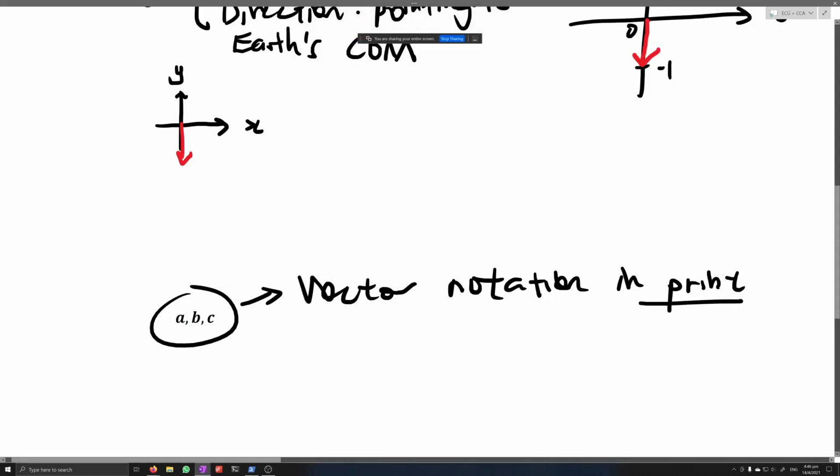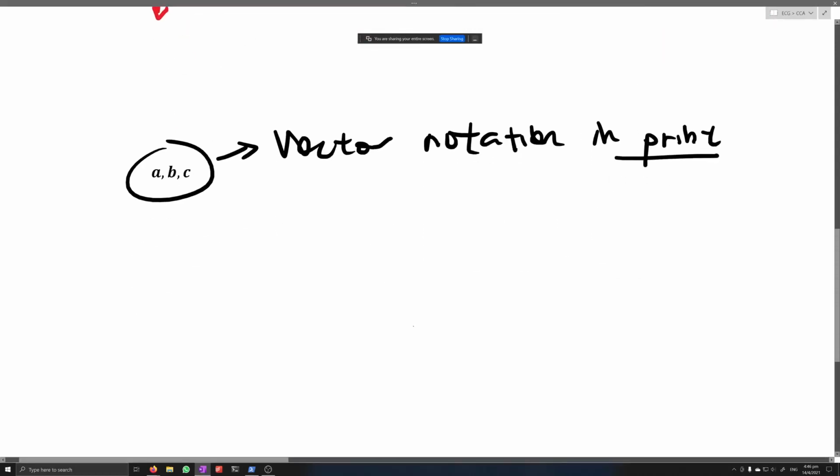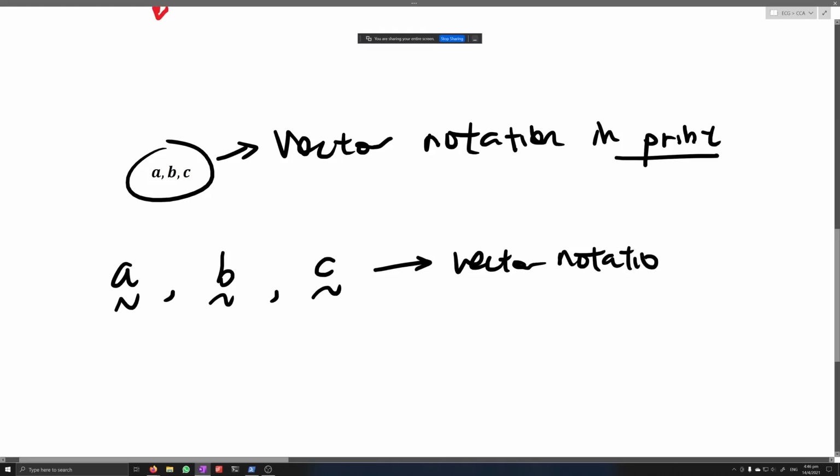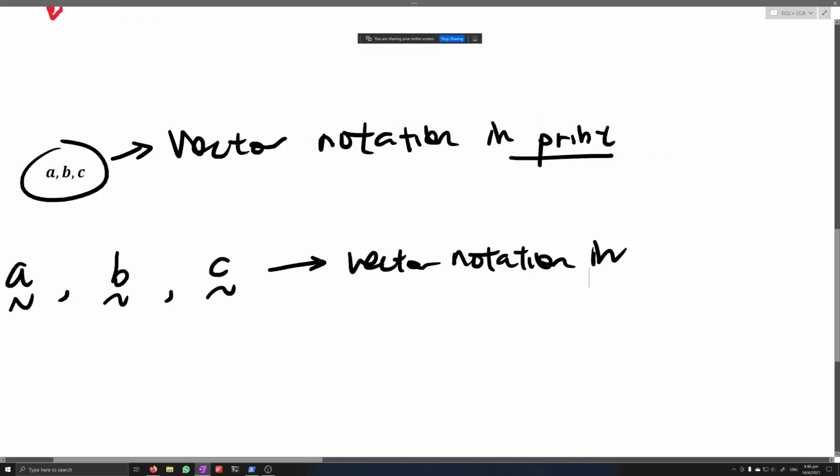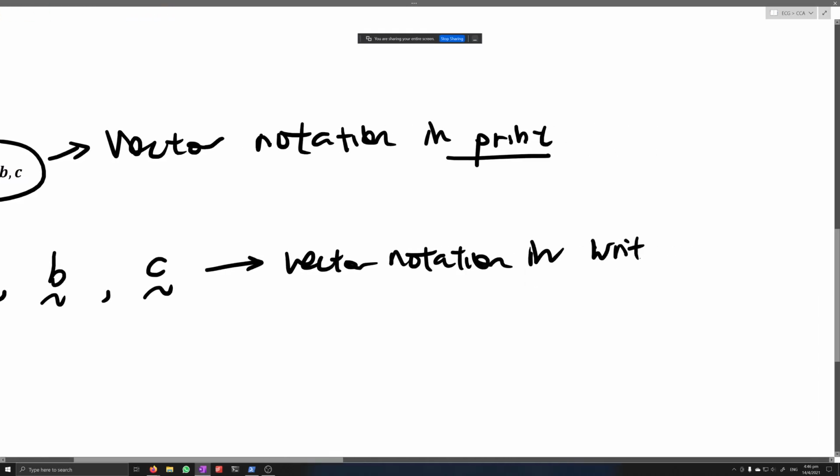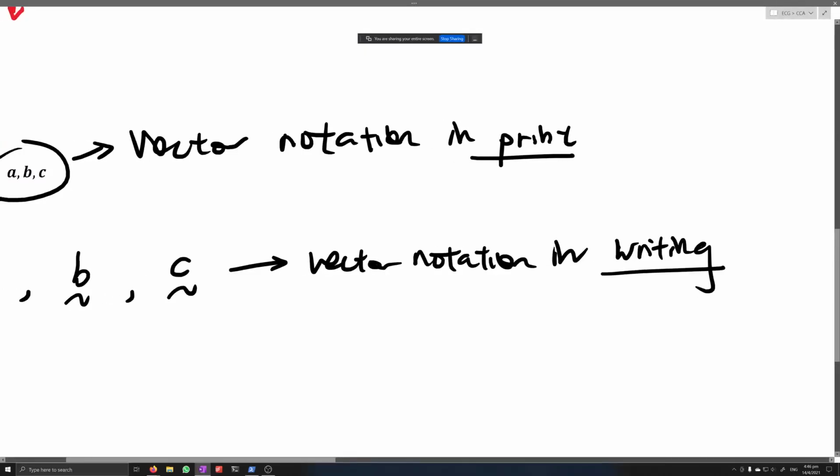But obviously when we write stuff, you can't write in bold, right? And that's why if you were to do it in writing, you would have to write the symbol of the vector with a tilde on the bottom. This is the vector notation in writing. Okay?